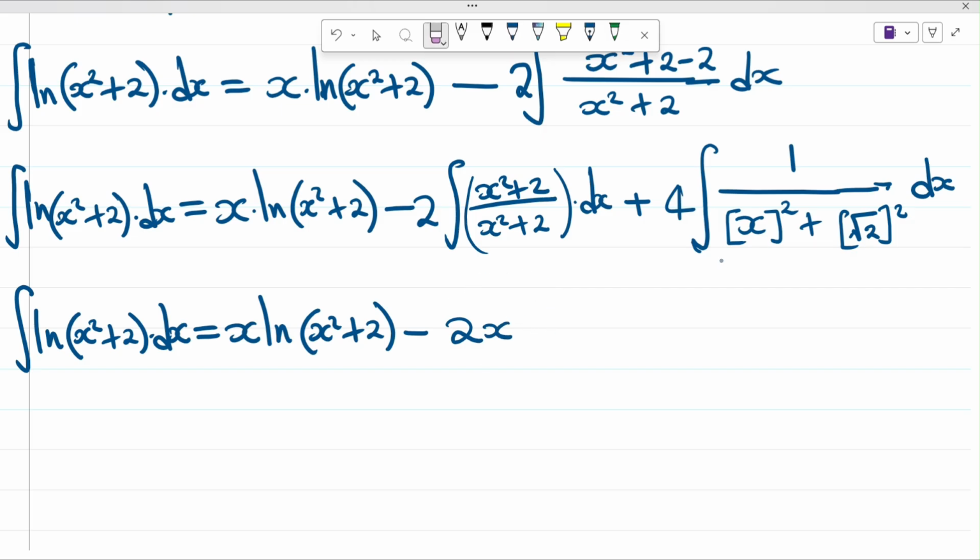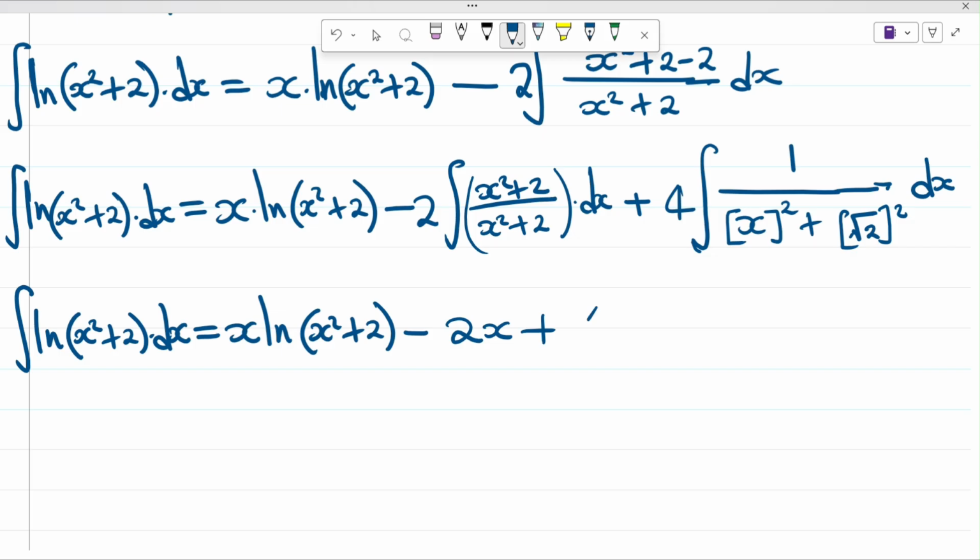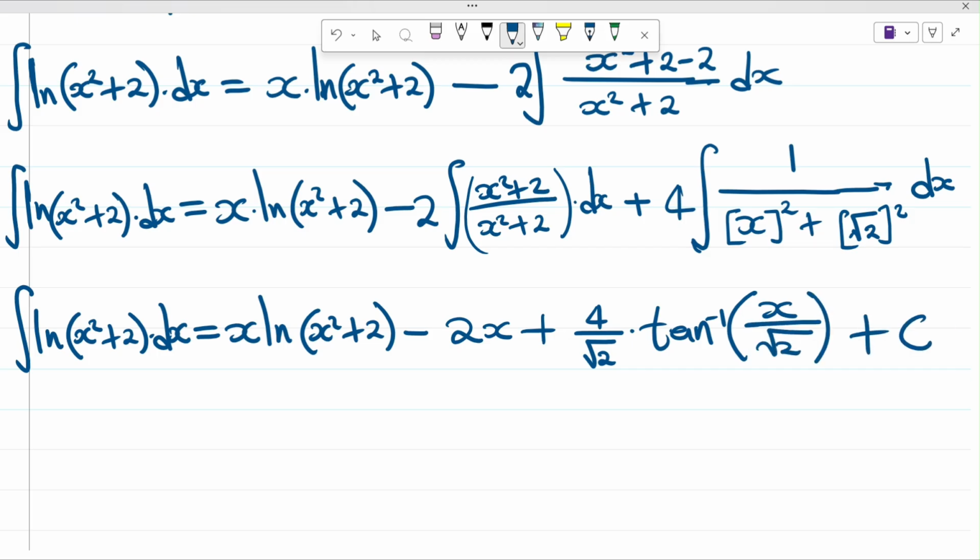And for the other one, we can see that this is tan inverse, because if we differentiate x, we get 1. So this is going to be 4 multiplied by 1 over a. So it's going to be 4 multiplied by 1 over square root of 2, because square root of 2 is our a, and then tan inverse of f of x, which is x divided by a, which is square root of 2, then plus c.